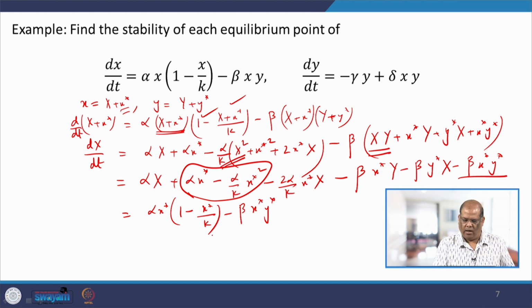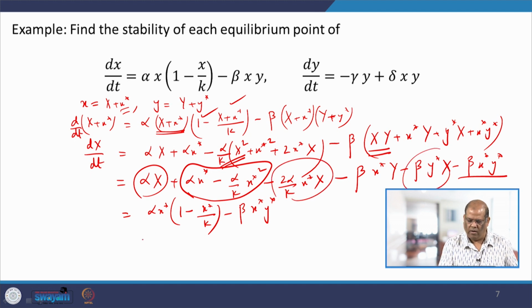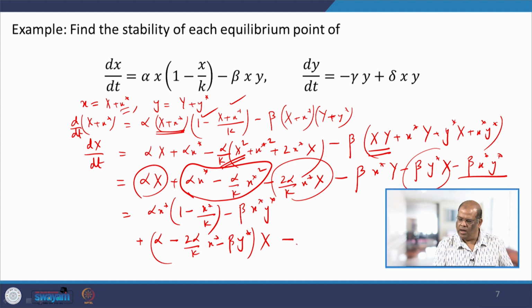Then I take x common from this and this, and you get plus alpha minus 2 alpha by k x star minus beta y star into x, minus beta x star into y, this part.